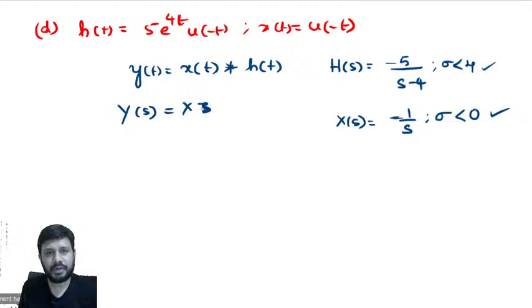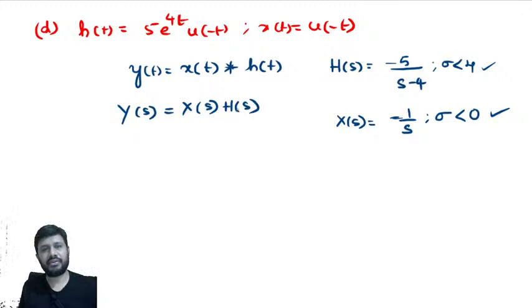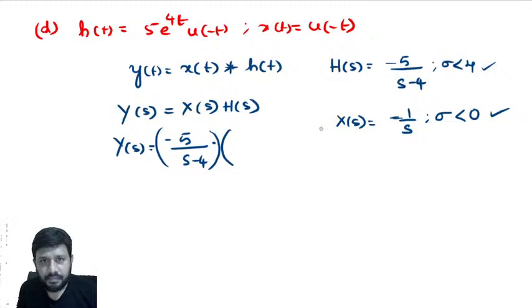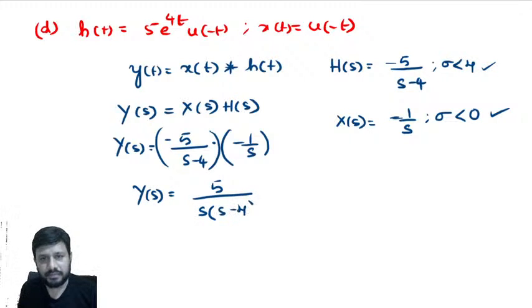using the convolution property, x of s multiplied with h of s, or y of s is equal to minus 5 by s minus 4 multiplied with minus 1 by s, or our y of s is 5 by s times s minus 4.